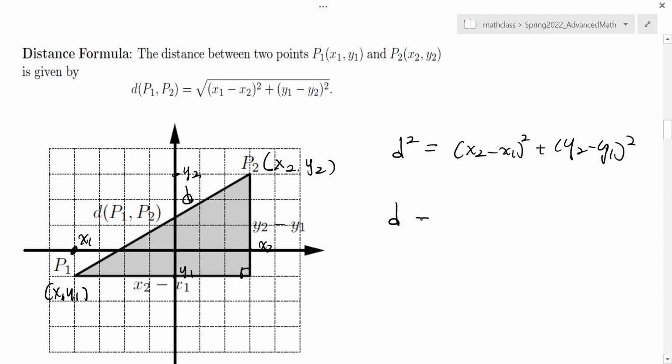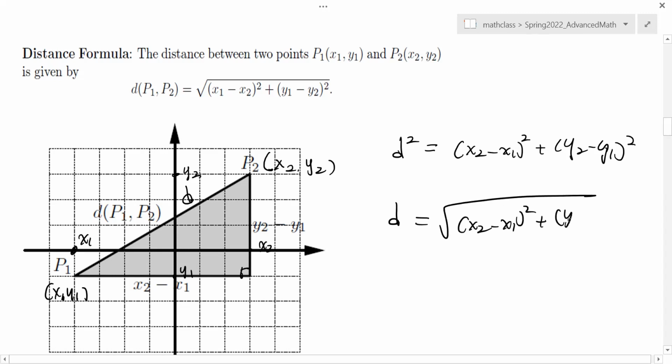From here, you can solve for d. That is called the distance formula. That's just the Pythagorean theorem. So now you know how to find the distance between 2 points.